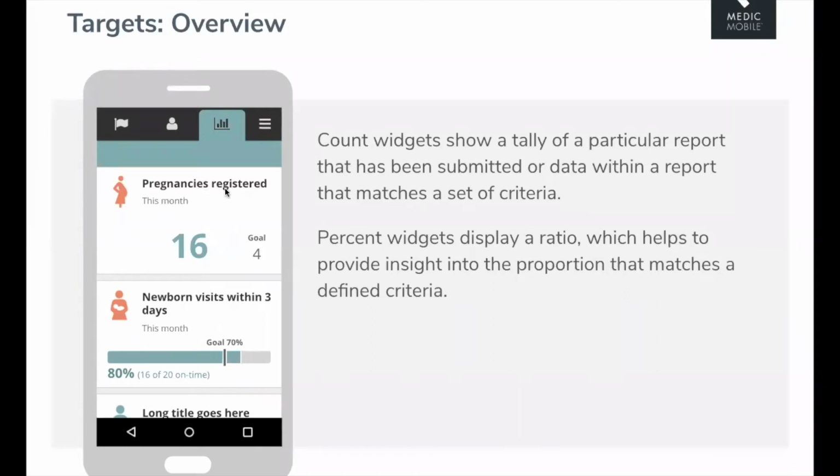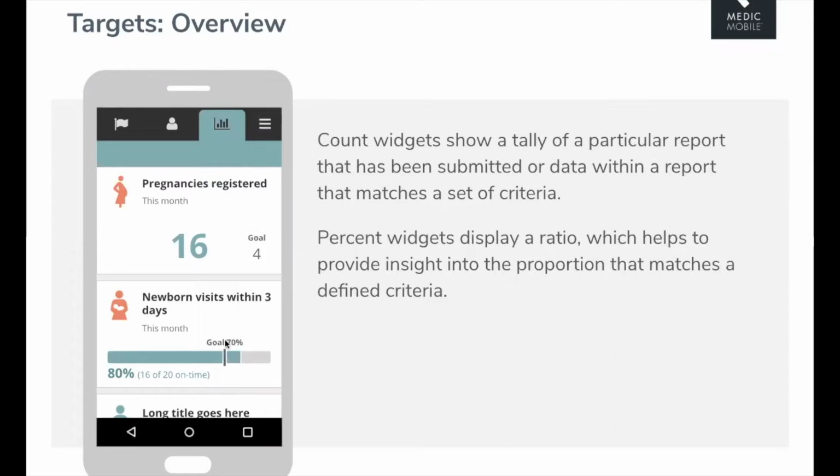And then you could have percentage widgets that display a ratio, which helps provide insight into the proportion that matches a defined criteria. So with the percent widget, you will have what you're seeing here, which is a ratio of what has been covered and what's left to be covered.